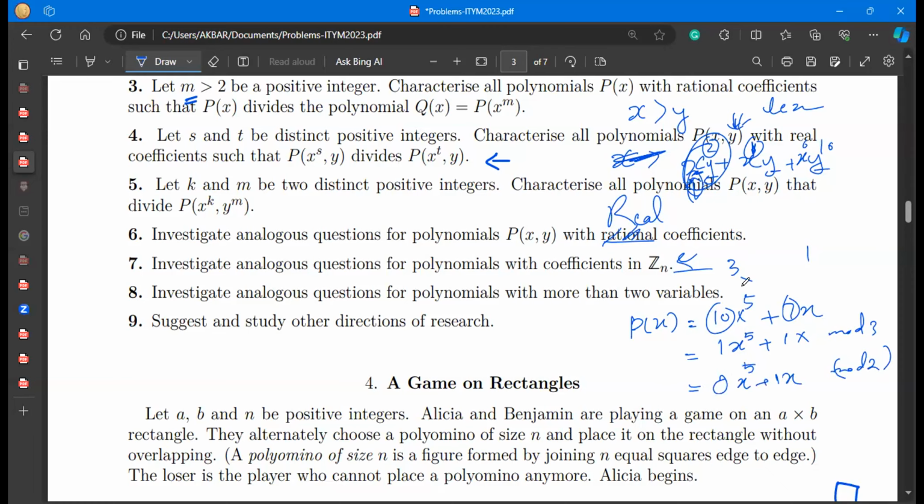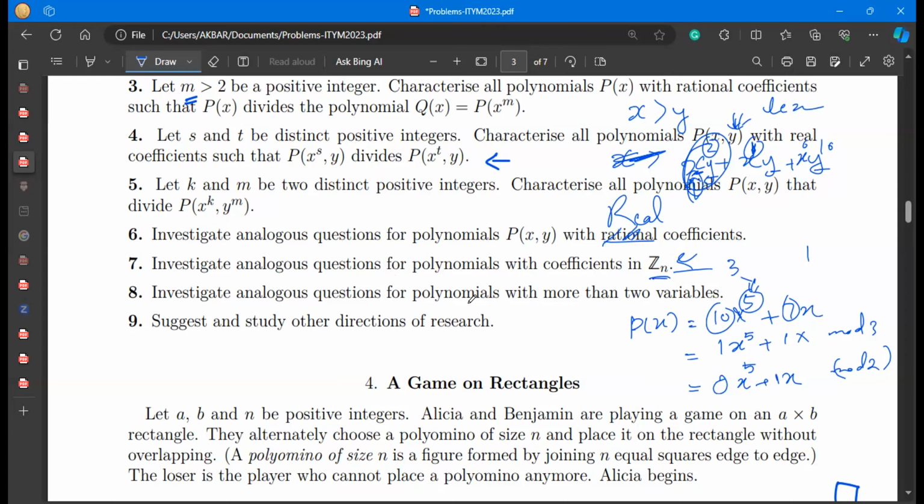We reduce all the coefficients. We don't touch the variables. Don't try to reduce the degree, or the whole polynomial, or only the constant. We reduce all the coefficients, because we have now changed our field from rationals or integers to a finite field.